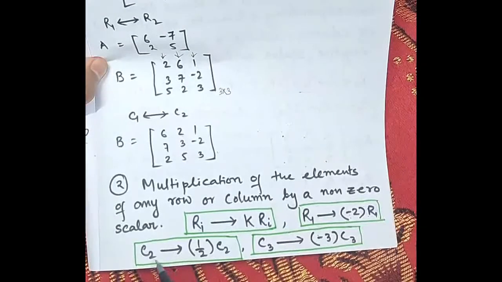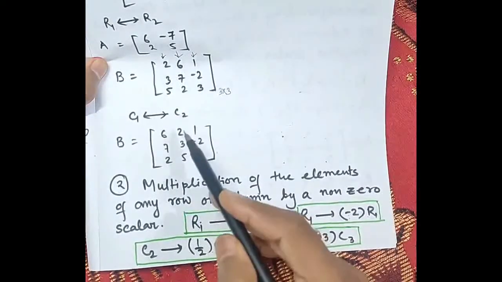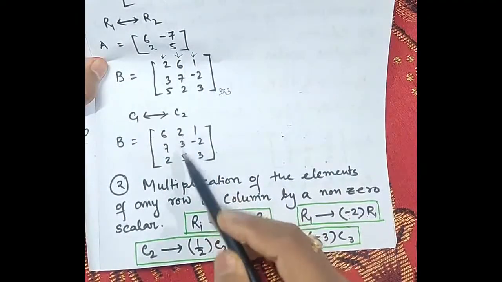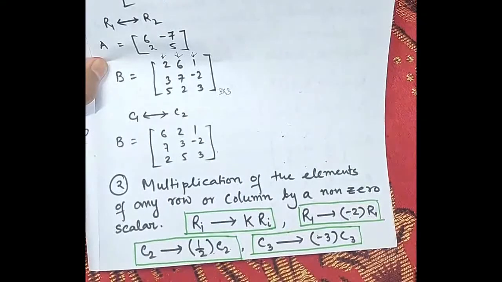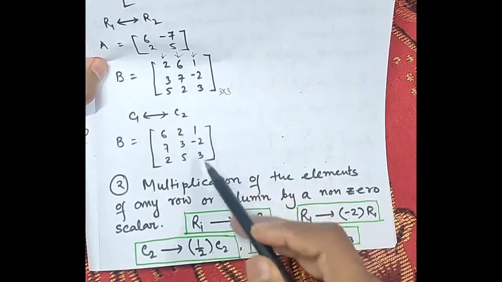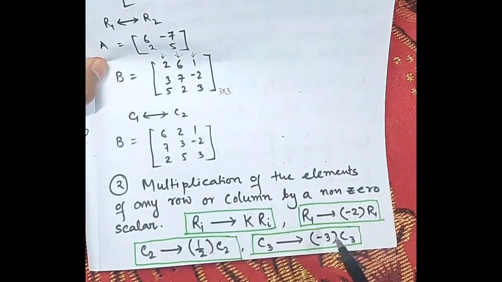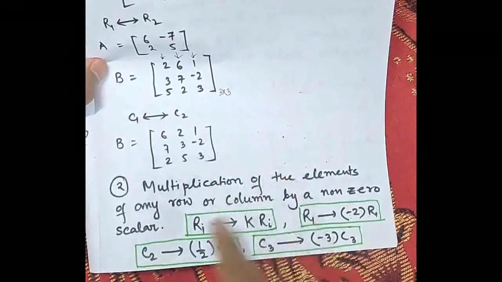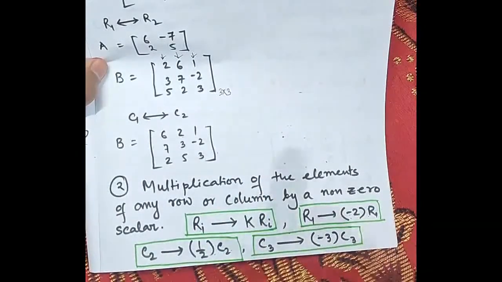Similarly, if you are performing C2 changed to half into C2, that means with each and every element of C2 you have to multiply half. C3 we are changing to minus 3 into C3. That means we have to multiply minus 3 with each element of C3. When we have to apply this operation, that we will teach you. No problem. Just remember these types of operations we can perform to find the inverse.